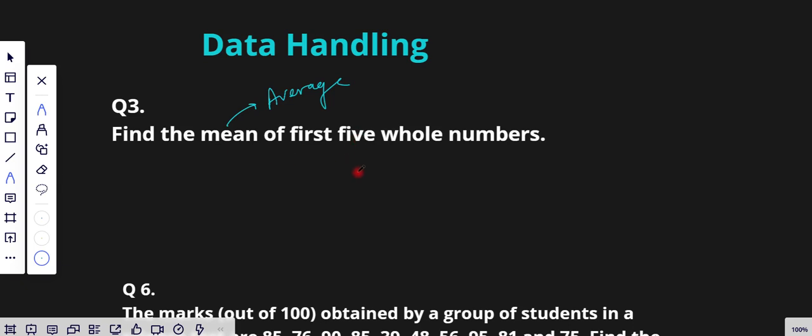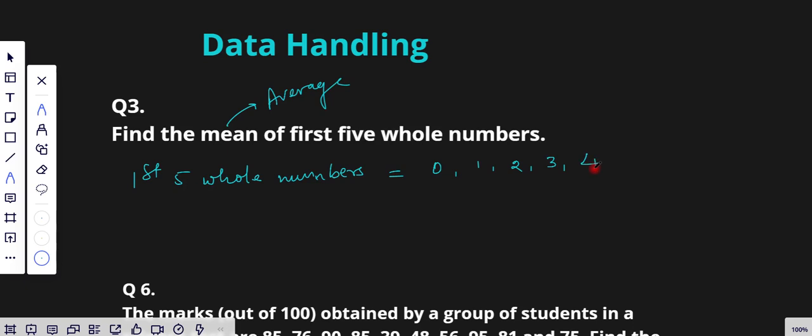So the average of the first 5 whole numbers. The first 5 whole numbers are 0, 1, 2, 3 and 4, right?